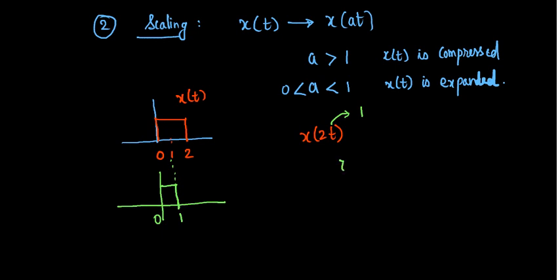See, you should not go for mugging. When t is 1, t is 2, let's consider these values, t at 0.5 and so on. If t is 0.5, what would be x of 2t? That means at the 0.5 instance, you must have the original value of x of 1 here.